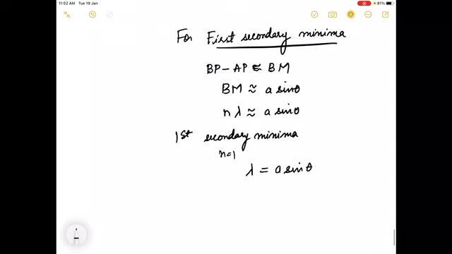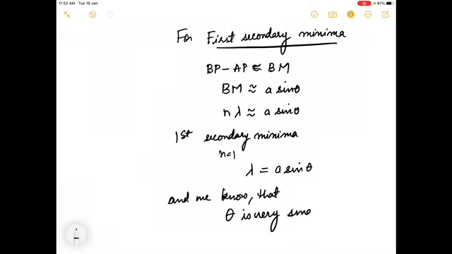And we know, as we saw in Young's double slit experiment also, that theta is very small, right? The angle theta is very small, right?